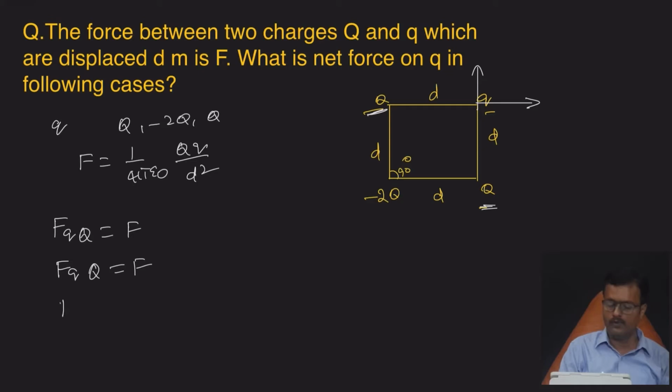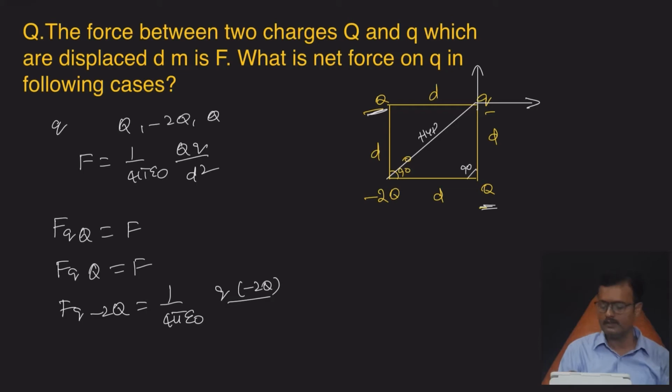Next, the force on Q by minus 2Q is 1 by 4 pi epsilon naught Q minus 2Q. The distance is equivalent to the hypotenuse. Hypotenuse squared is equal to side square plus side square, that is d square plus d square, so that is 2d square. So the hypotenuse is root of 2d square, that is root 2 into d.